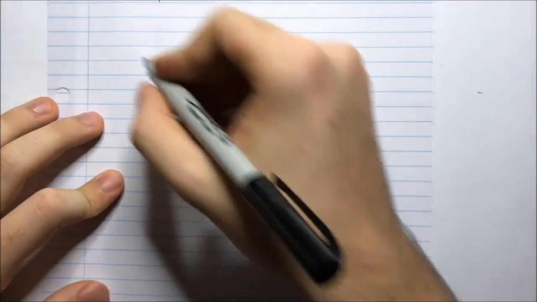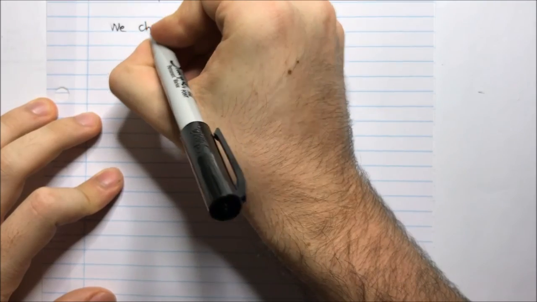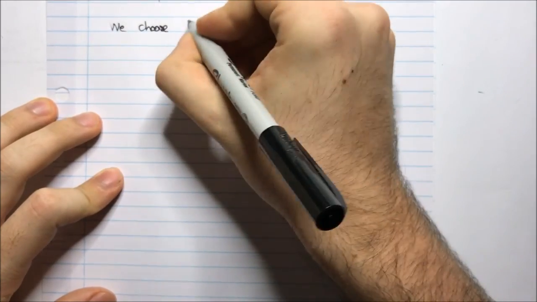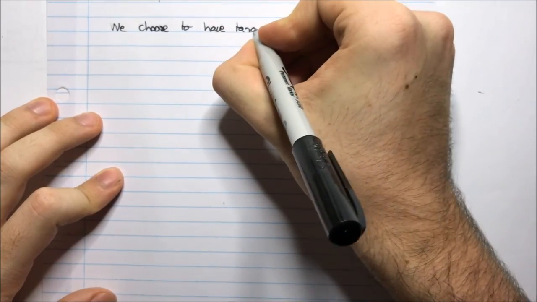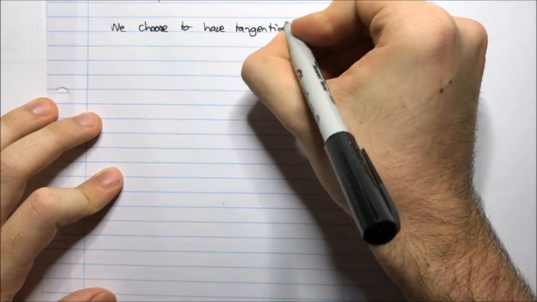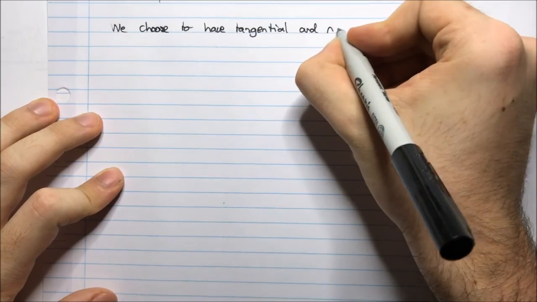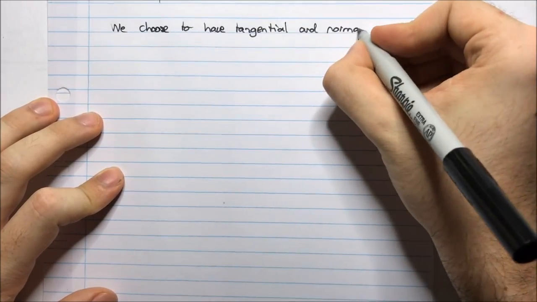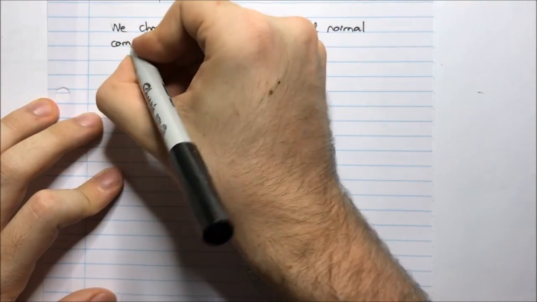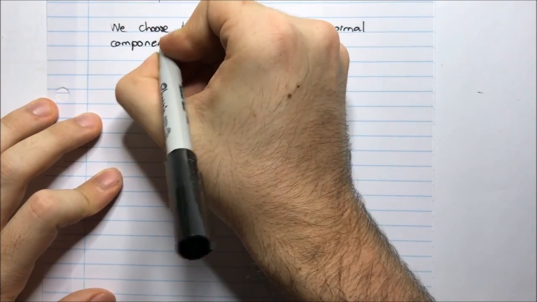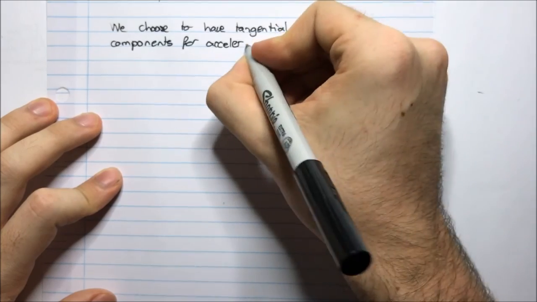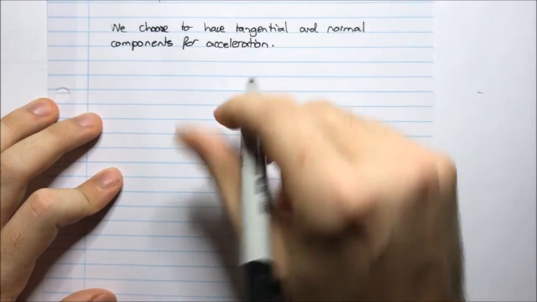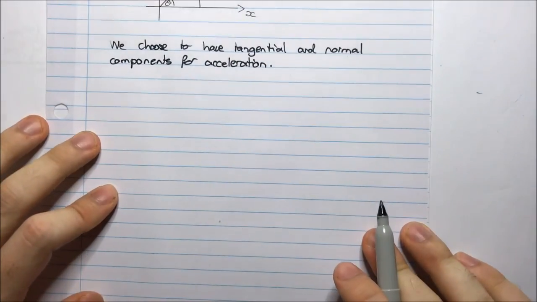We choose to have tangential and normal components for acceleration. And that makes sense because we're traveling in a circle, so these are things that are related to a circle.